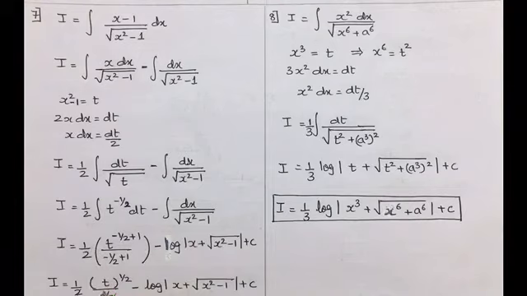Calculating this, we get t raised to half upon half. 2 and 2 get cancelled. T is assumed as x square minus 1, that is being kept, and minus log x plus under root x square minus 1 plus c remains as it is.